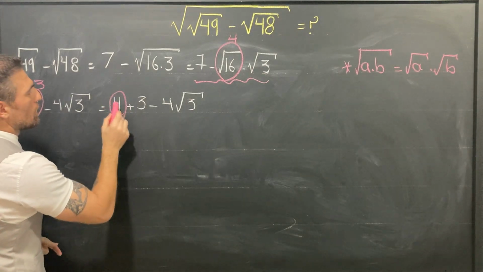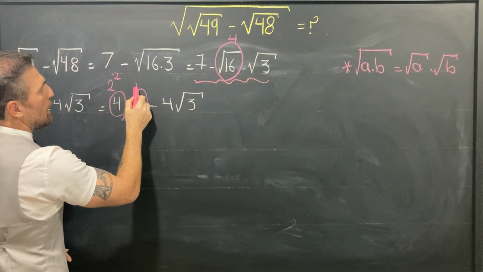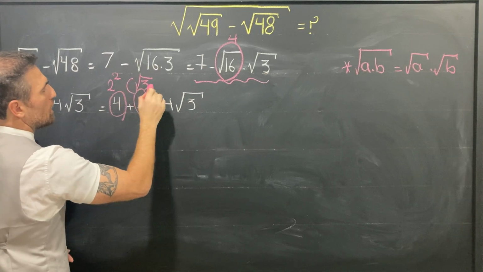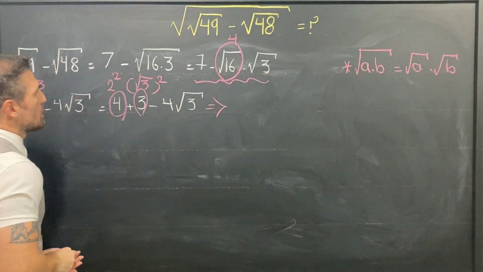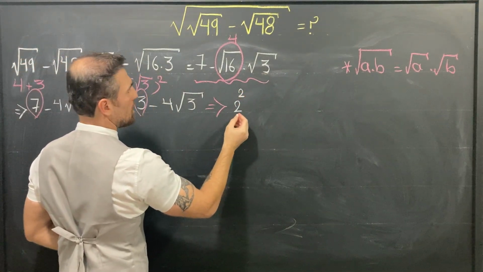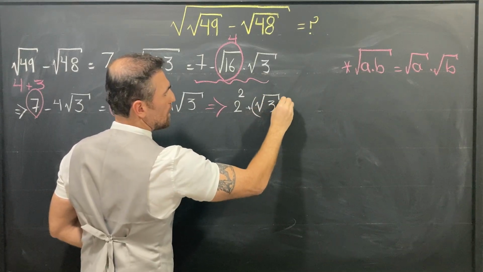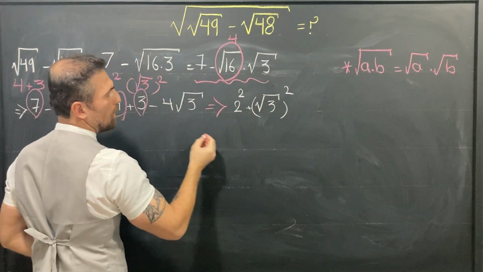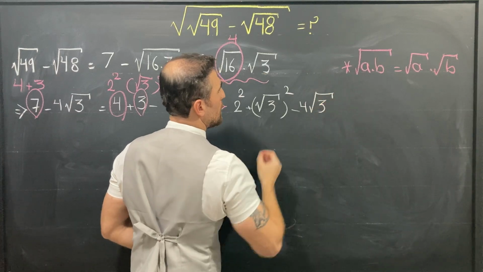Right. 4 is 2 squared. And 3 can be written as square root of 3 squared. So let's see what happens. First one, 2 squared plus square root of 3 squared minus 4 times square root of 3.